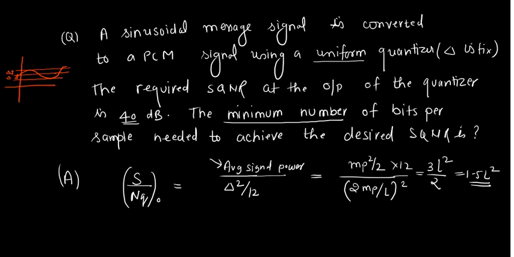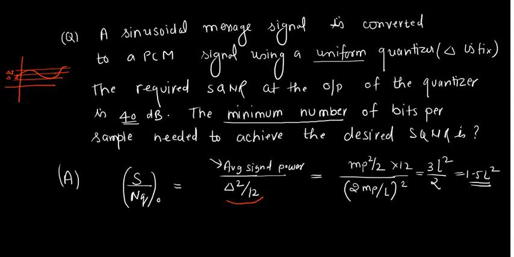If you remember, signal to quantization noise ratio is given by average signal power divided by average noise power, and we have derived that the quantization noise power is delta square by 12, that is the mean of square error, where delta is the quantization interval. That depends on the peak to peak value of the message and the number of levels.